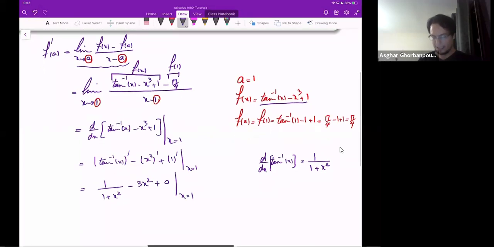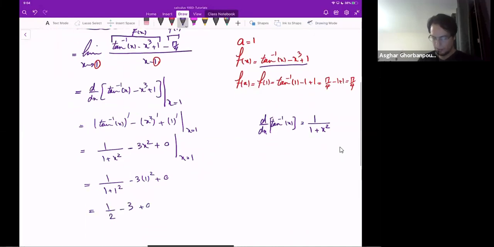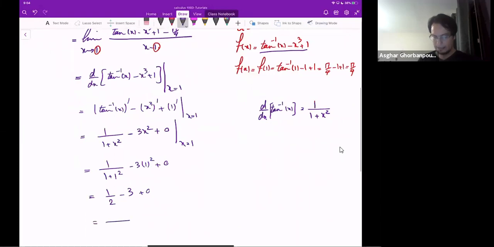Then plug in x equal to 1. This will be 1 over 1 plus 1 squared minus 3 times 1 squared plus 0. And that will give you 1 over 2 minus 3 plus 0. And that is negative 6 plus 1 is negative 5 over 2.